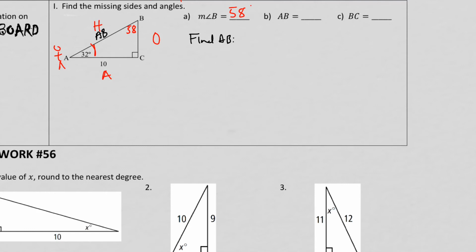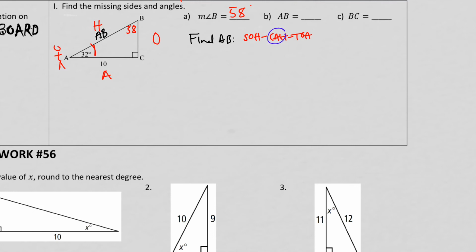If I'm looking for this side AB, and I know that this side is 10, I'm going to use adjacent and hypotenuse. So if you think about SOHCAHTOA, I'm going to use AH here, so I'm going to use cosine to find my side AB.